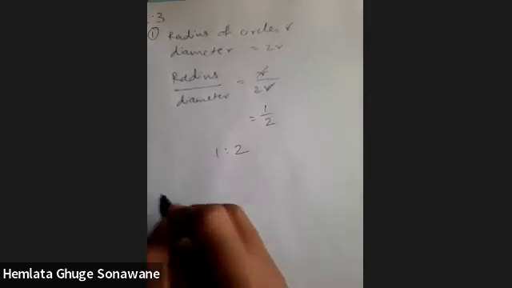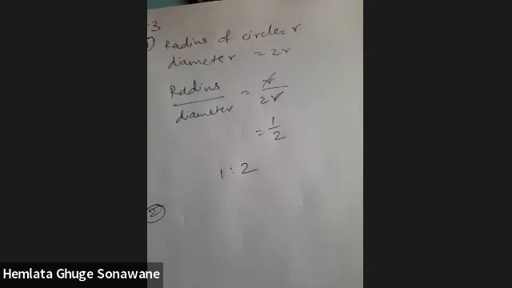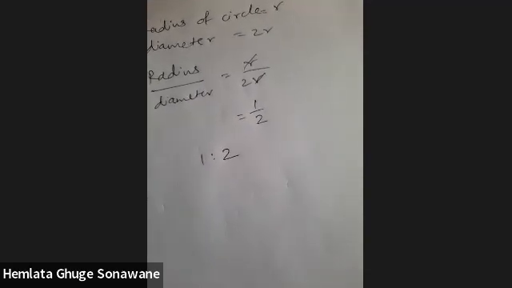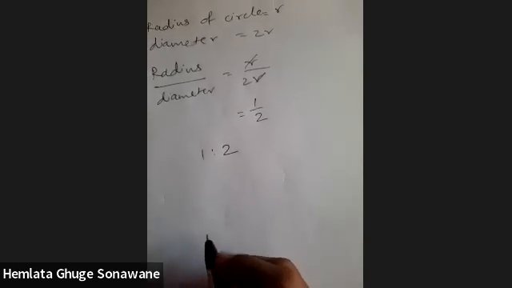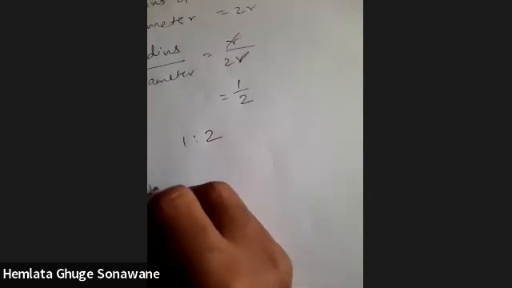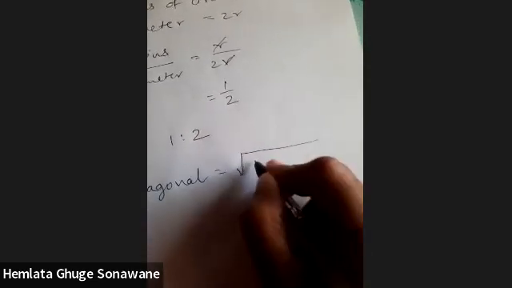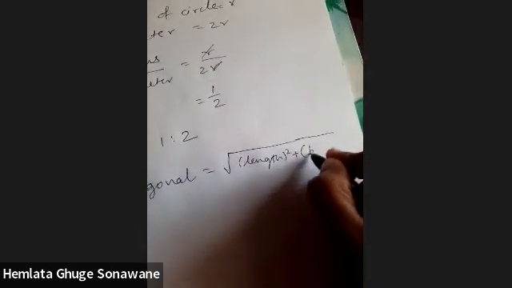Okay. Second example, the ratio of diagonal to the length of a rectangle having length 4 centimeter and breadth 3 centimeter. Now here we have to find out first the diagonal. So diagonal is equal to under root length square plus breadth square.